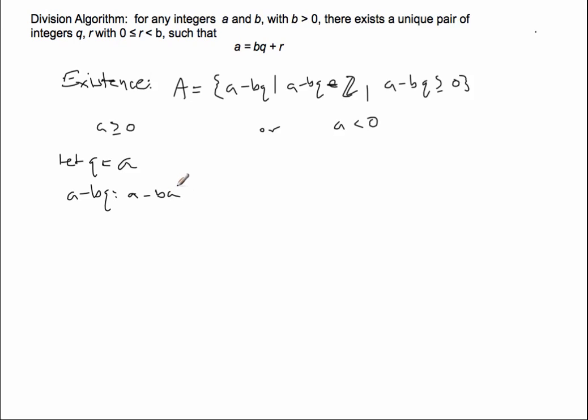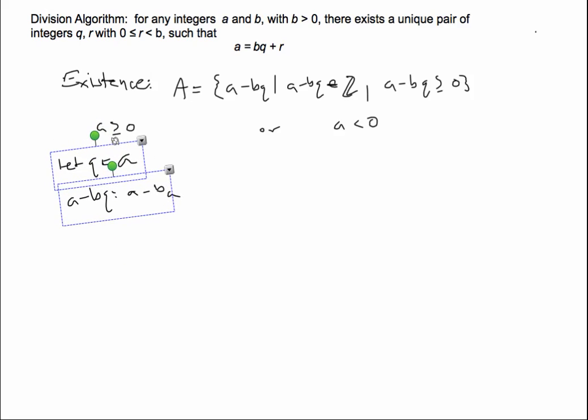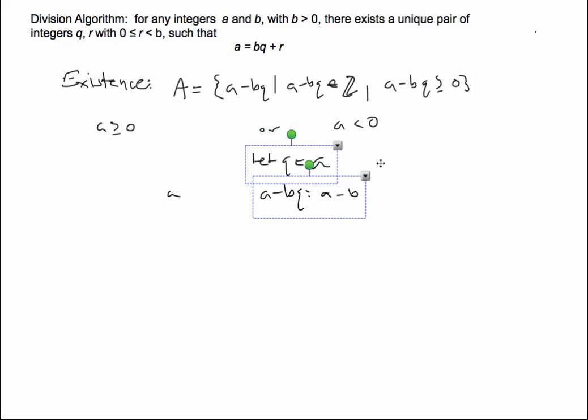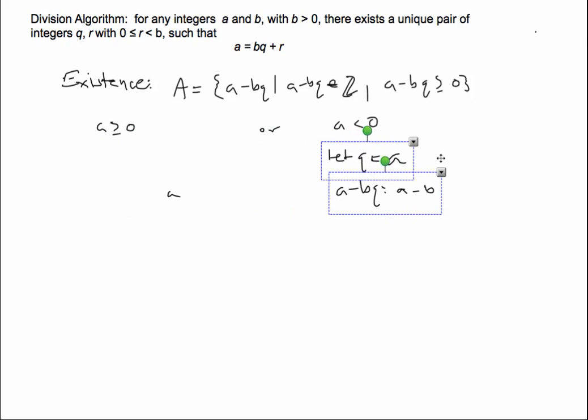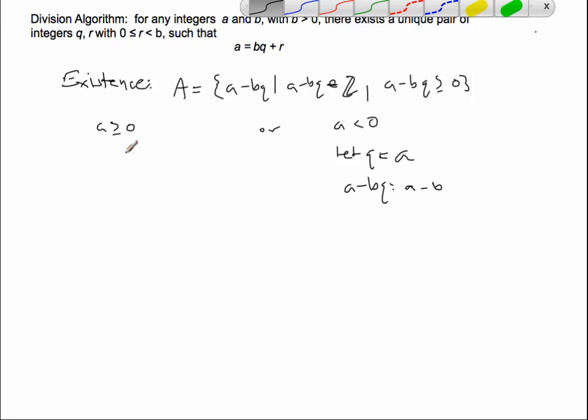Whoops, timeout. Hold on. I got my cases mixed up, and you can see that I got them mixed up because now I'm rotating them. All right, so I'm going to move this over here, and we'll come back to that. If a is greater than or equal to 0, this is the easy case. I forgot this was the easy case. If a is greater than or equal to 0, we let q equal 0.